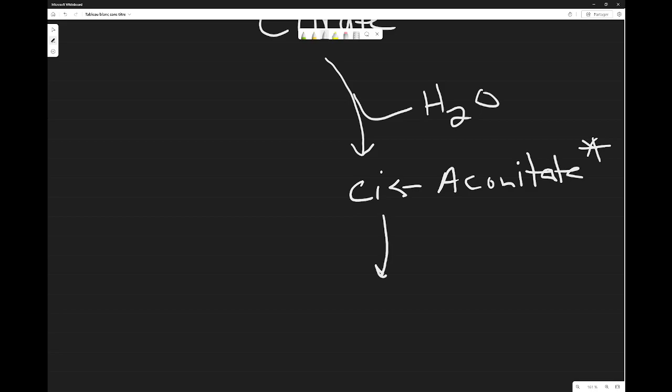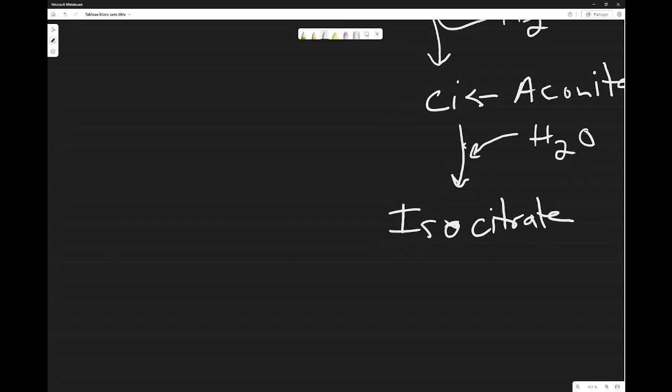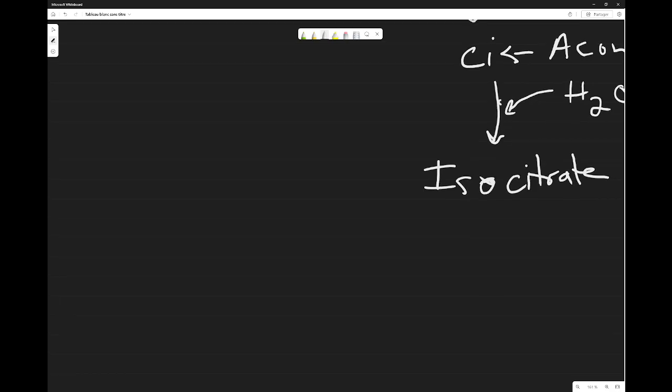From cis-aconitate, we're gonna have another water molecule being introduced. My bad. Right? And this will give us isocitrate. I know that some persons within Biology Unit 2 use isocitrate, right? So we're gonna have isocitrate.